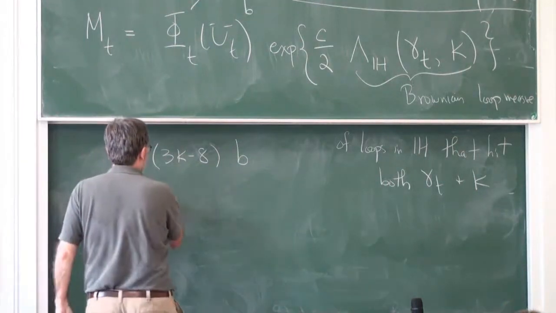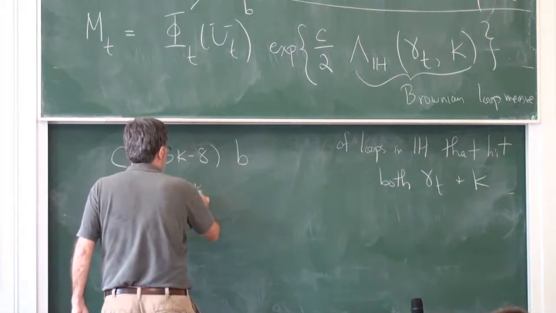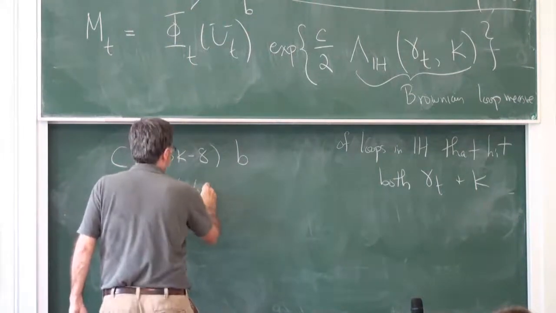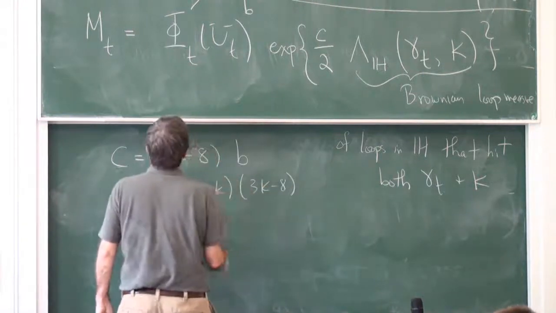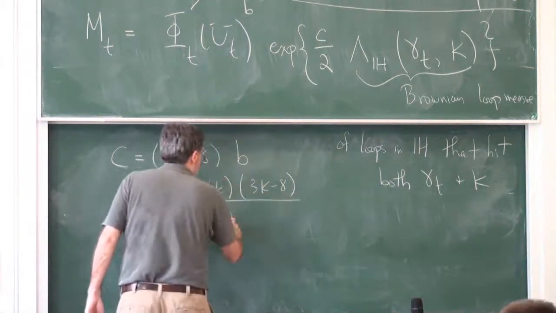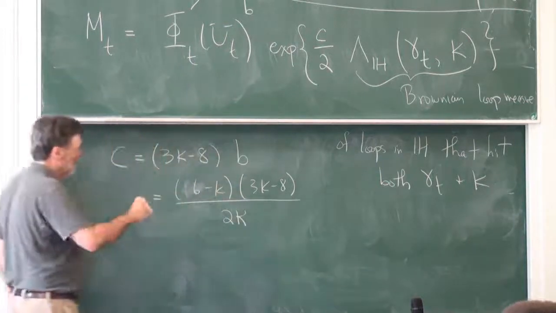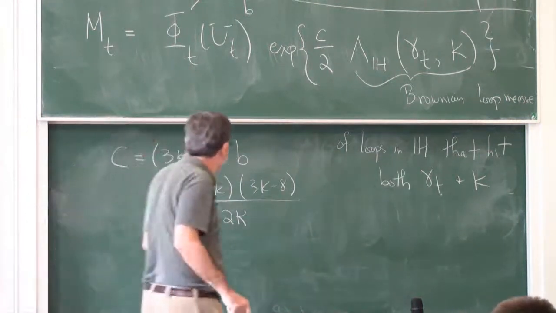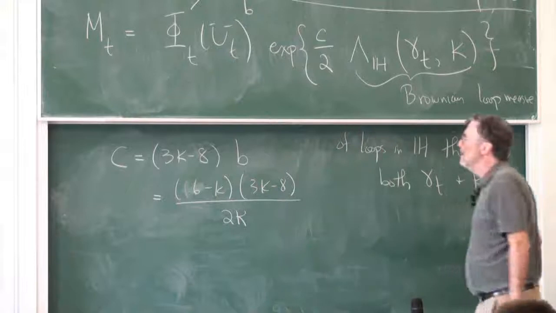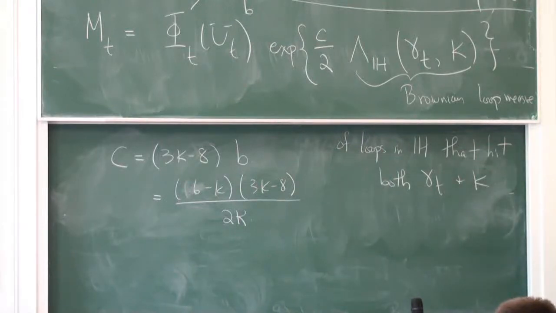I also want to write this as 6 kappa, 6 minus kappa, 3 kappa minus 8, over 2 kappa. And, okay, right now I've just written that.